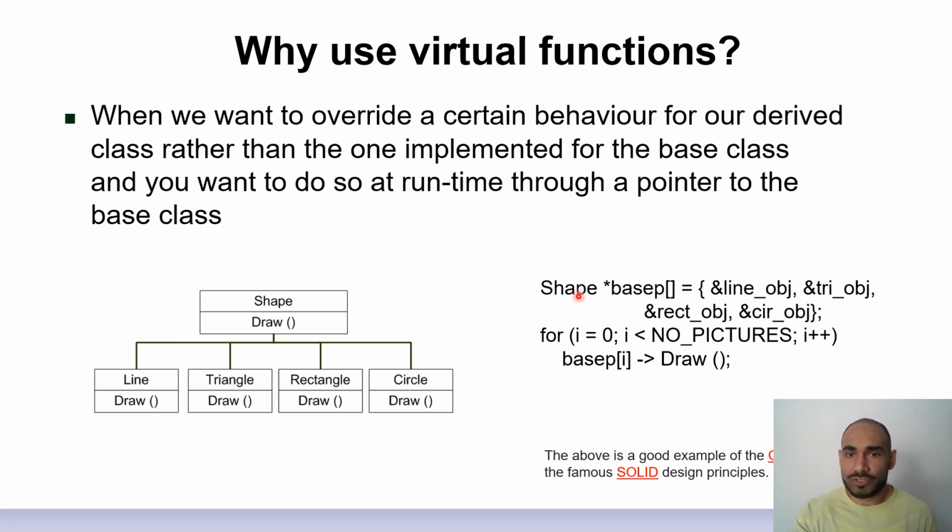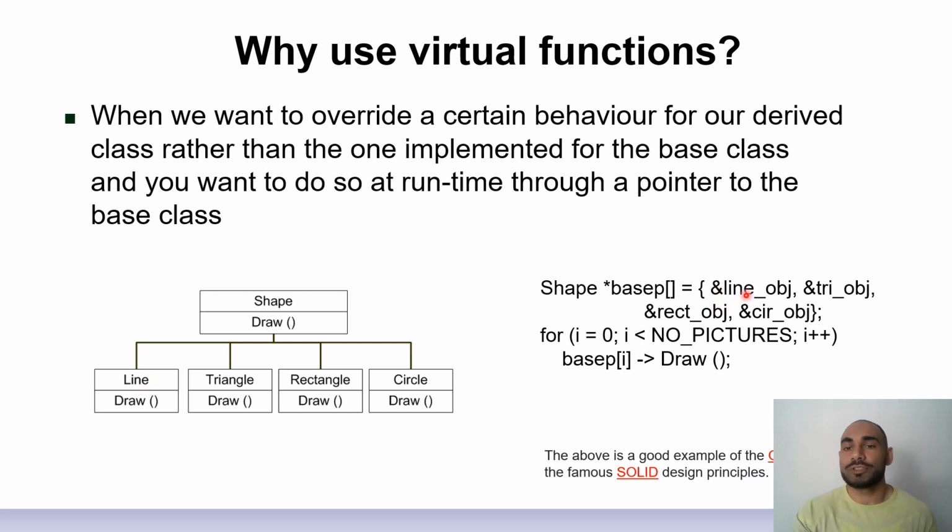So we have this shape class here, and then we create an array of pointers. Okay, this means this array will hold the addresses of different objects. Like an array contains a set of values, similarly this is an array of pointers, so it will hold a set of addresses. So the first address it holds, for example, is of this line object.